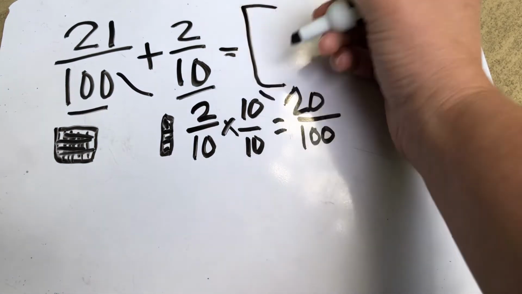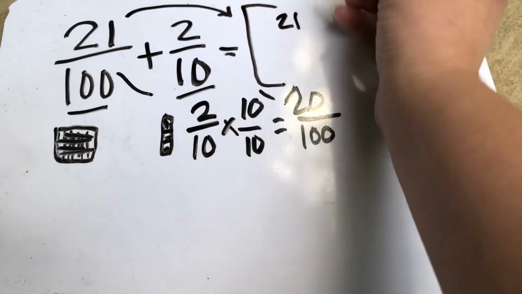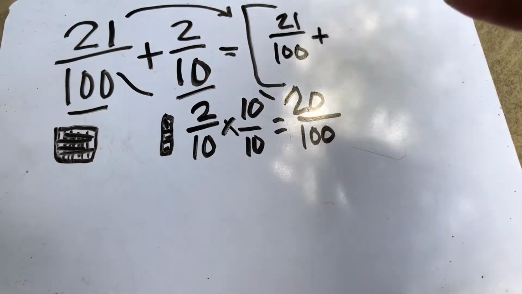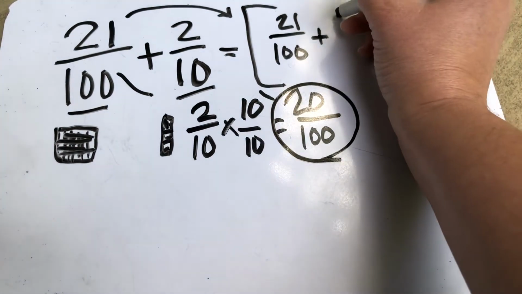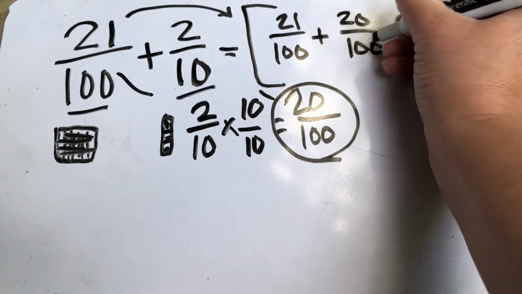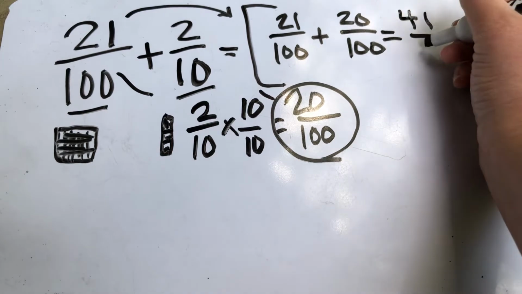So let's take this over here. I'm just going to sort of draw a bar. Rewrite 21 100ths plus, we just did, 20 100ths. Add, 41 100ths.